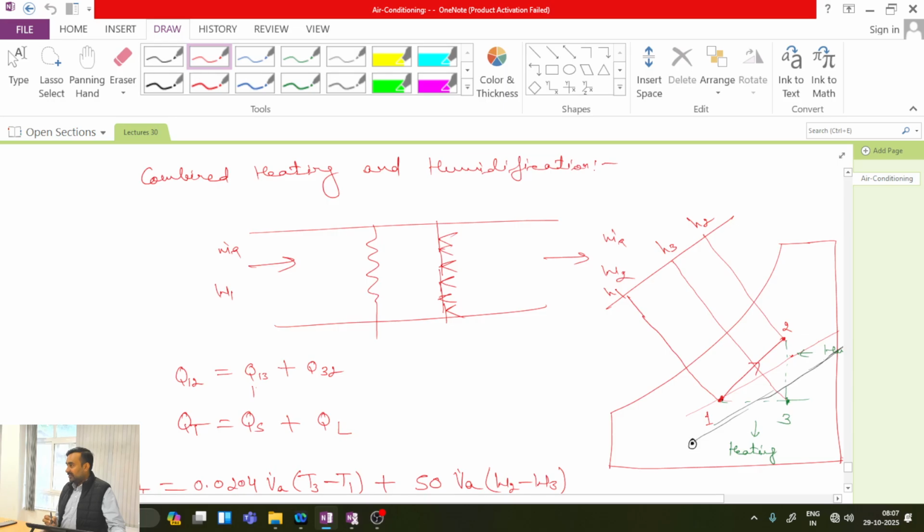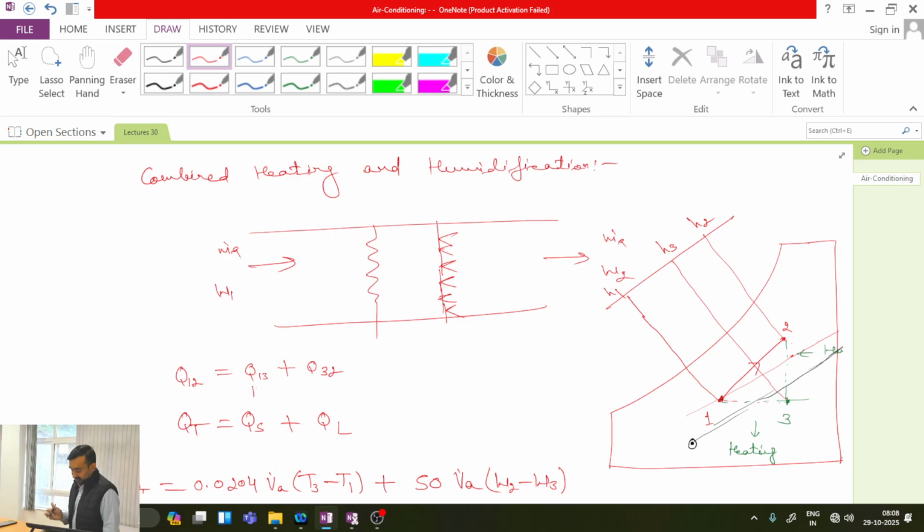Okay. Now this inclined line can be converted into a triangle. So this is the overall process which is happening in this control volume, but it can be split into two parts. It can be one horizontal line from 1 to 3, which represents that humidity is constant and only heating is being done. So it is a sensible heating portion, and the process from 3 to 2 is a pure humidification process, which represents only the latent heat load on the system.